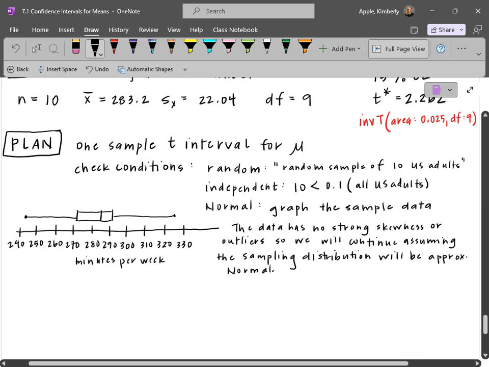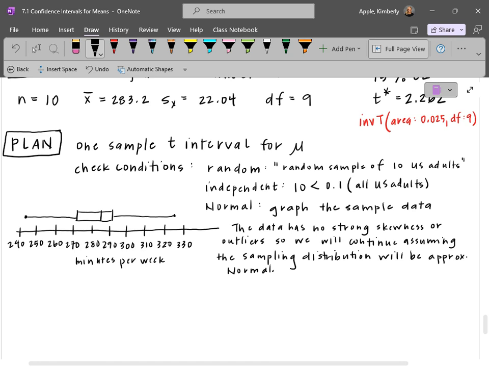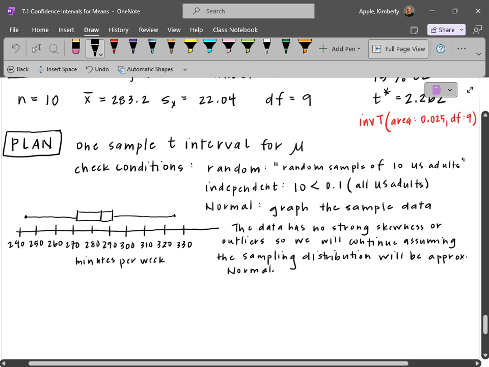So you can make a histogram if you want, or a dot plot. The box plot is going to show the skewness and the outliers the easiest. I usually prefer the box plot because it's the fastest.